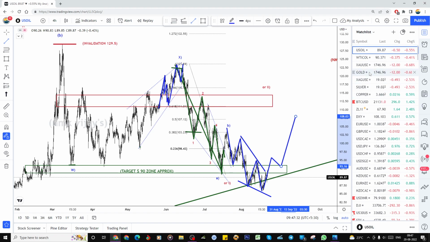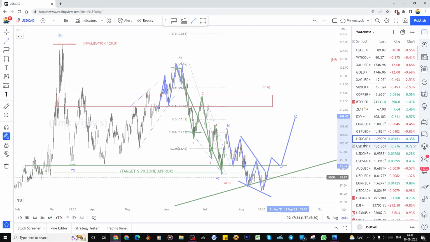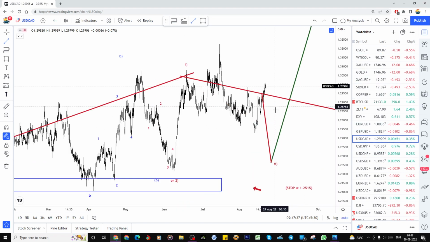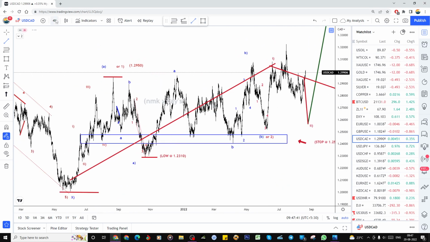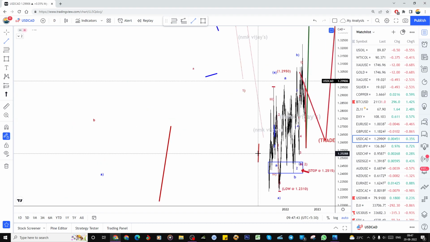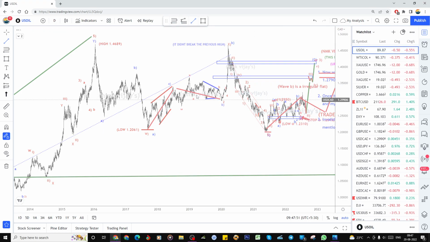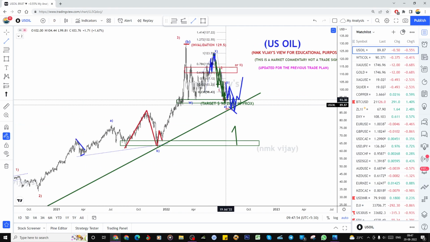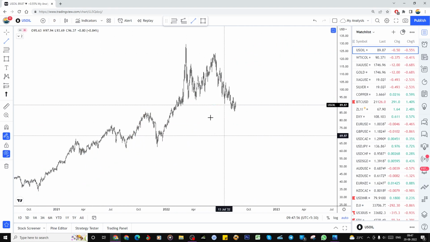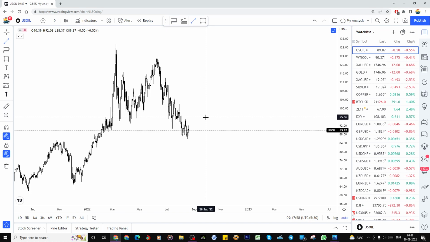I showed you that previously on the daily, like this. So if it happened like this in USD CAD, is it going to the downside? Oil will be bullish. I informed my friends group about it, right? So if it is in that, again we can expect 113 to 116.